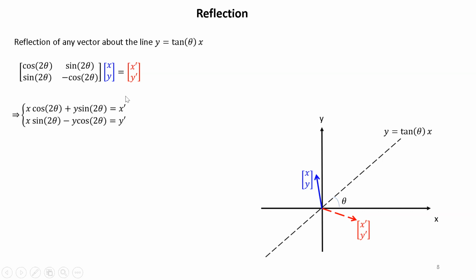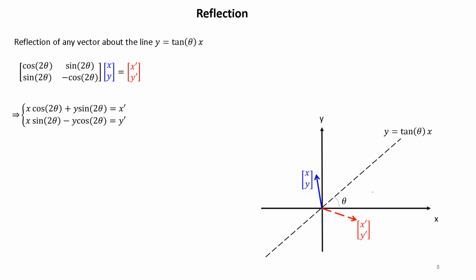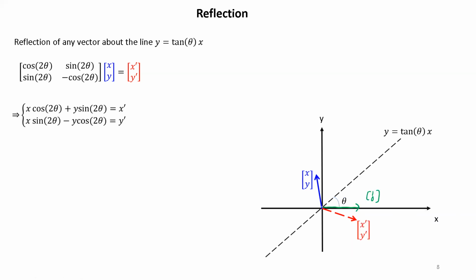Then how is the reflection matrix given by this, and how do we construct it? The way we construct it is the same thing: we ask ourselves two questions. Look at (1, 0). After the reflection, what does it look like? It will become the vector over here.